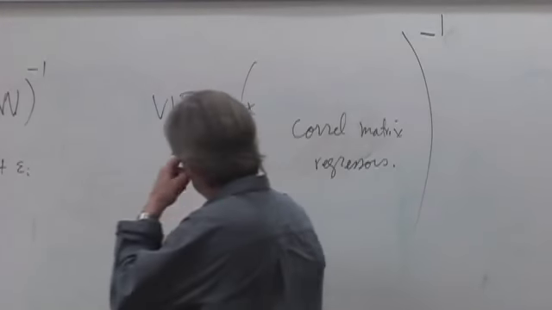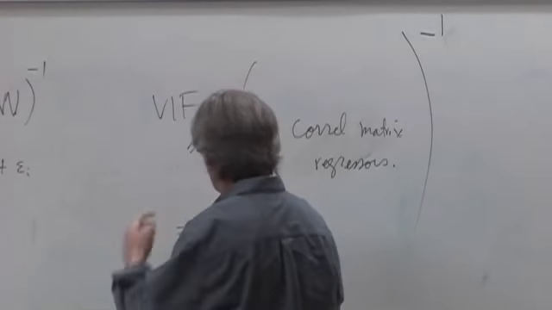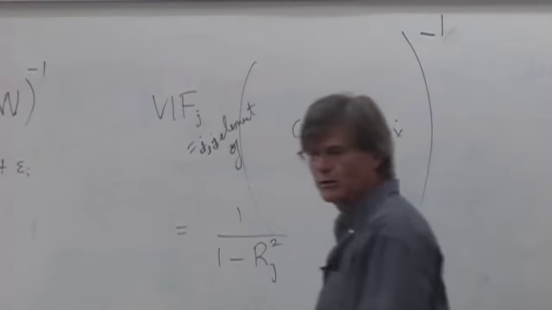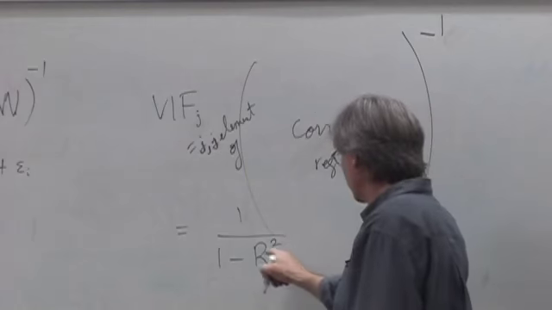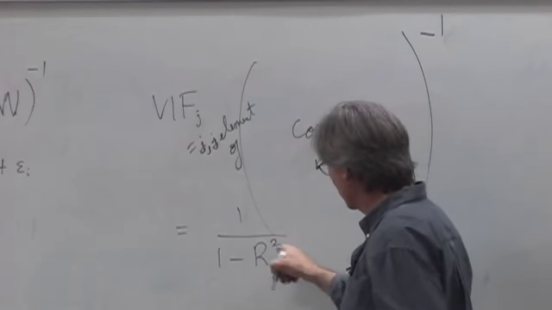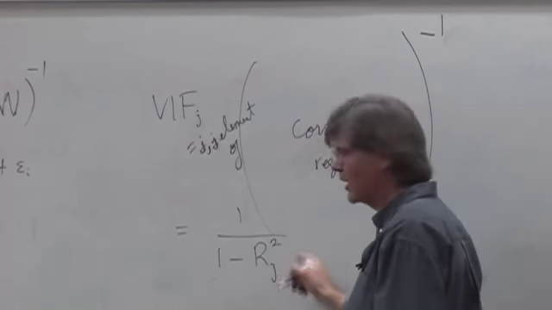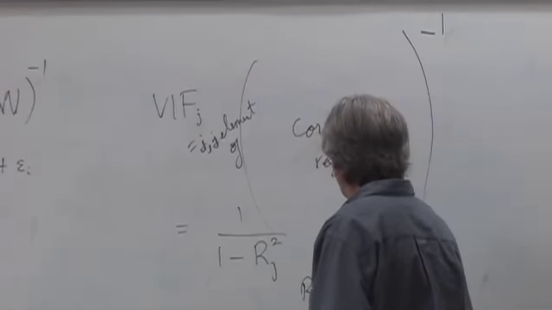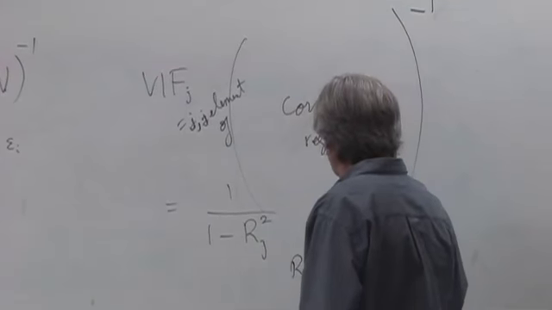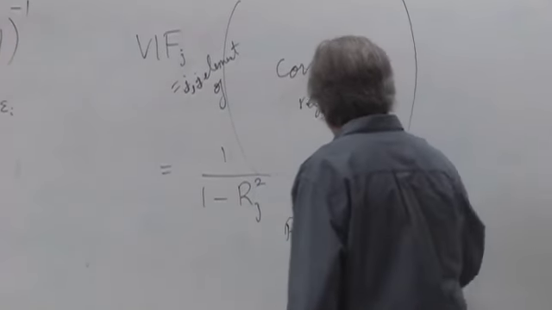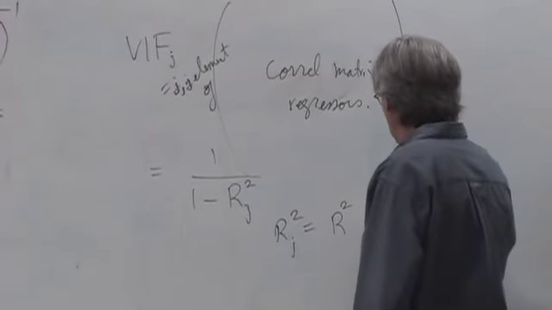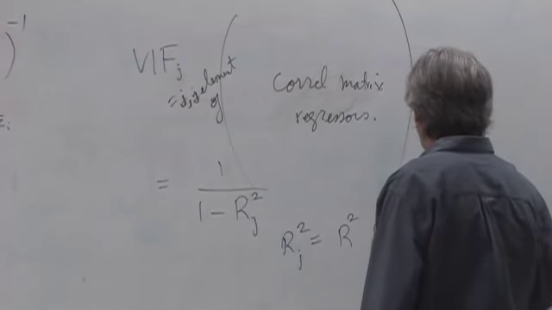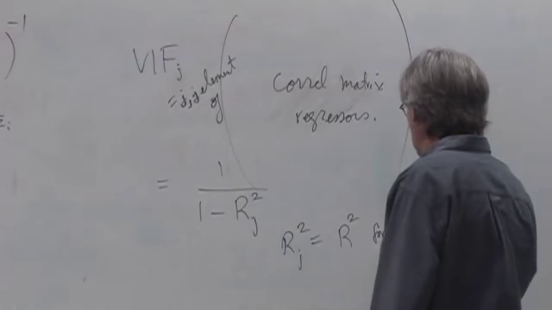Which turns out to be equal to, this is a nice, I guess it would be a little linear algebra problem, 1 over 1 minus Rj squared, where this is the multiple R squared coefficient for regressing xj on the remaining regressors. Equals R squared for regressing xj on remaining regressors.